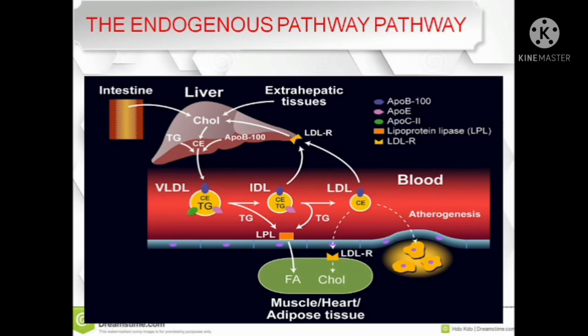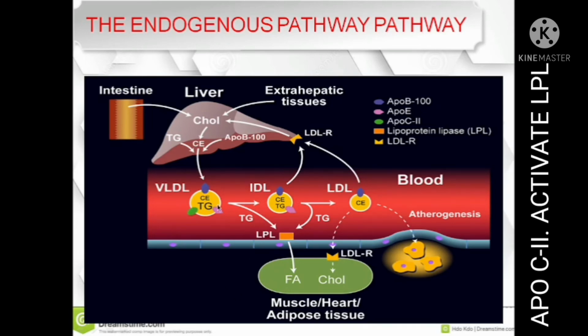LDL has a half-life of about 3 days. It delivers cholesterol to peripheral tissues and is eventually taken up by the LDL receptor, or the macrophage scavenger receptor, so take note of that. In circulation, once VLDL is in circulation, HDL will give some ApoC to it.